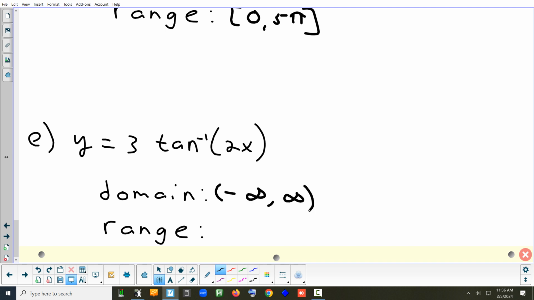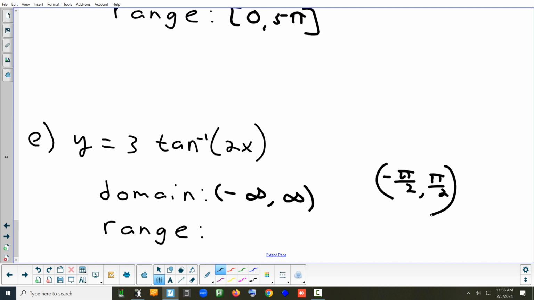The range you can change. Which number here is affecting the range? The 3 or the 2? It's the 3. It's a vertical stretch by 3. What is the original range of inverse tangent? If you can't remember the range of the inverse, think of the domain of the original, what we limited it to. So negative pi over 2 to pi over 2, not including the endpoints.